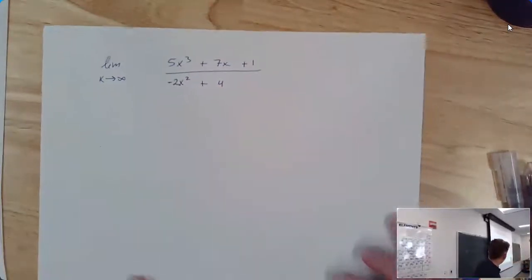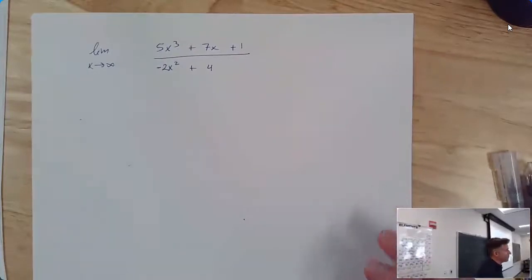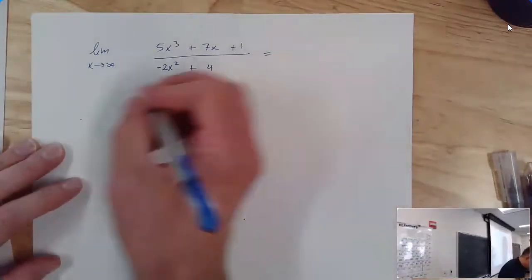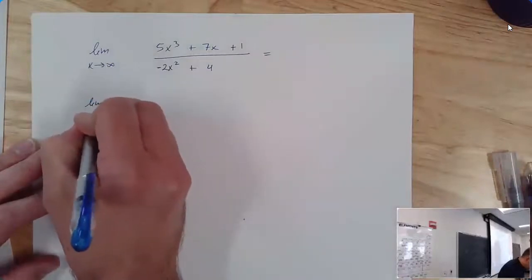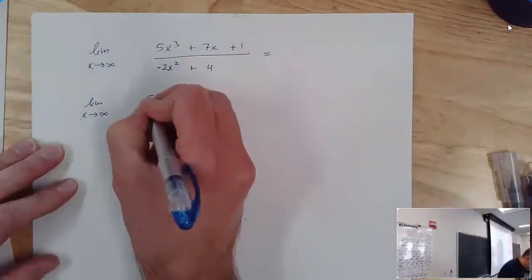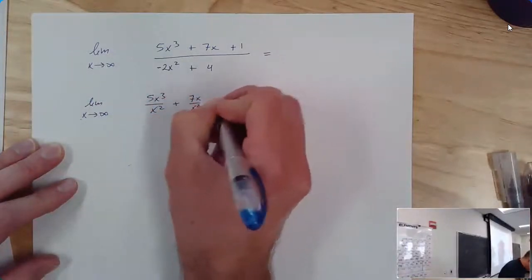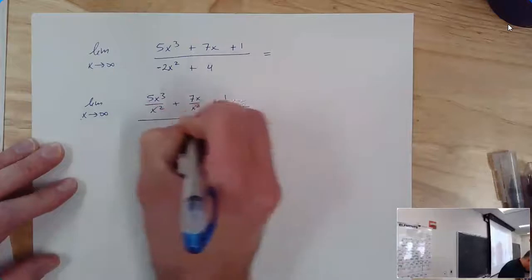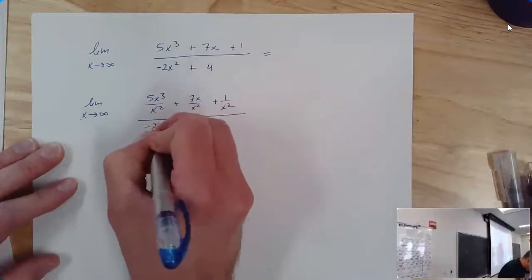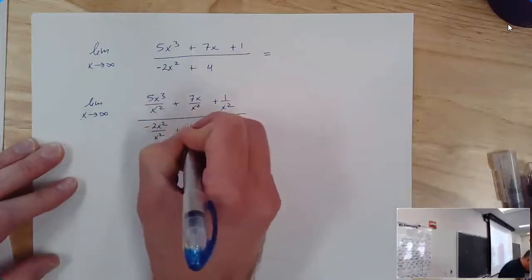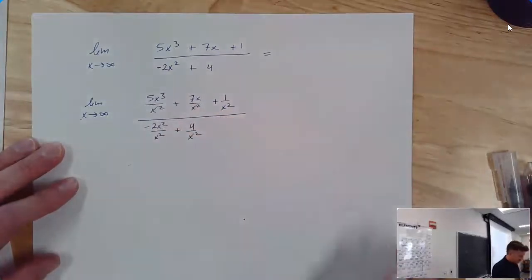And so now, just like with the previous problems, I'm going to divide everything by x to the highest power in the denominator. I'm going to divide everything by x squared. So check this out. I'm going to have the limit as x goes to infinity of 5x cubed over x squared plus 7x over x squared plus 1 over x squared. Again, you are welcome to bypass this step if you don't need to write it down. It's totally fine. And then we're going to simplify.